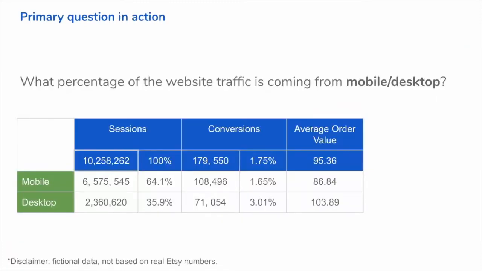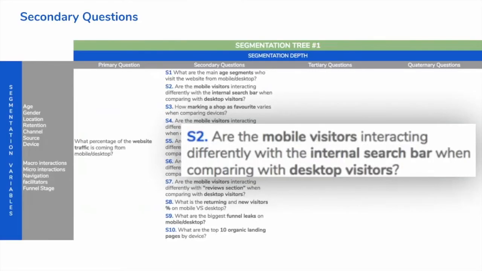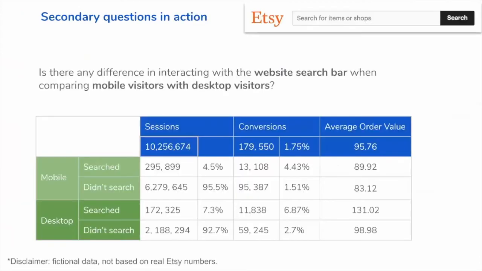And what I wanted you to be aware of is that the aim of this primary question is not to give you actionable insights, but rather to get you started with more complex questions. So, for example, going ahead and adding a second variable to the mix and asking if there's any difference interacting with the website search bar when comparing mobile versus desktop visitors.